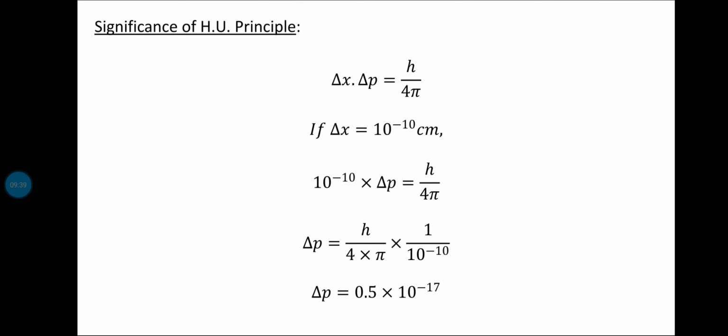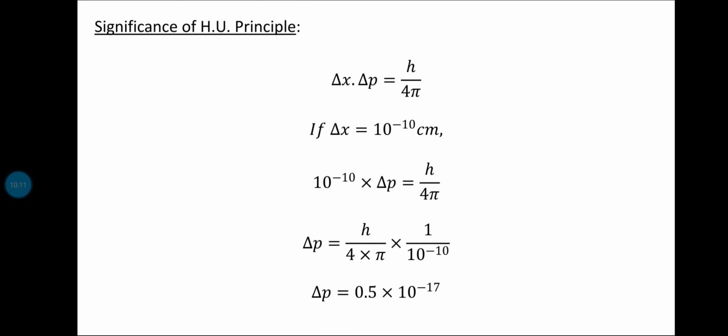Now I am substituting the value. If delta x is equal to 10 to the power of minus 10 centimeter, this is the delta x value. After substituting, I am getting delta p is equal to 0.5 into 10 to the power of minus 17.